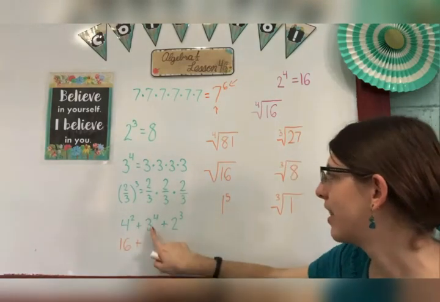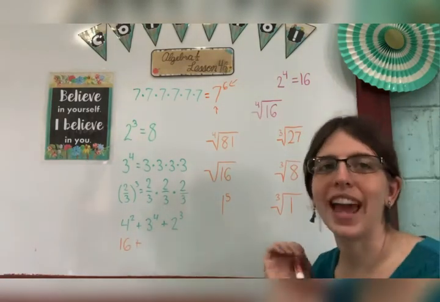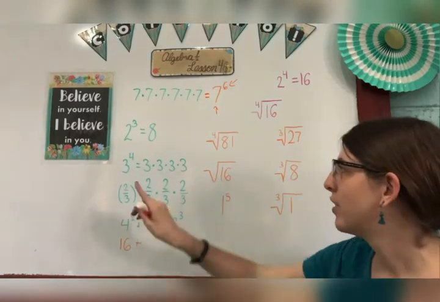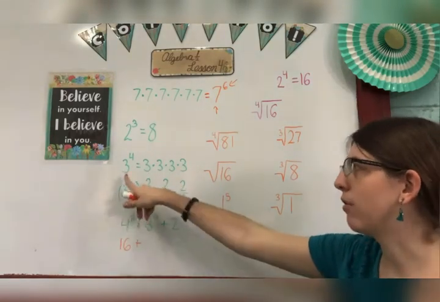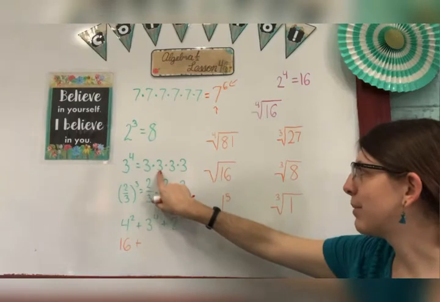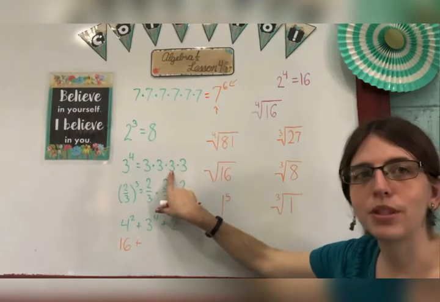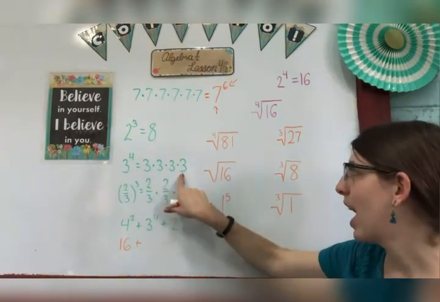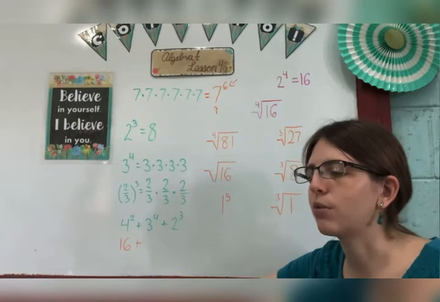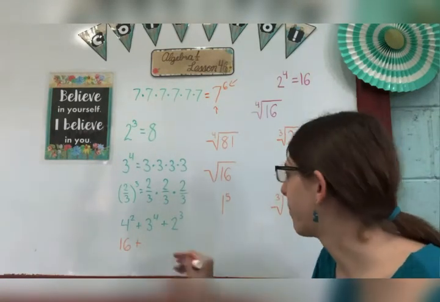Plus, this is 3 to the 4th power, so that means I have four 3s. Let's look at this one up here because I have it written out for this example. 3 times 3 is 9, times 3 more is 27, and then 27 times 3 is 81.